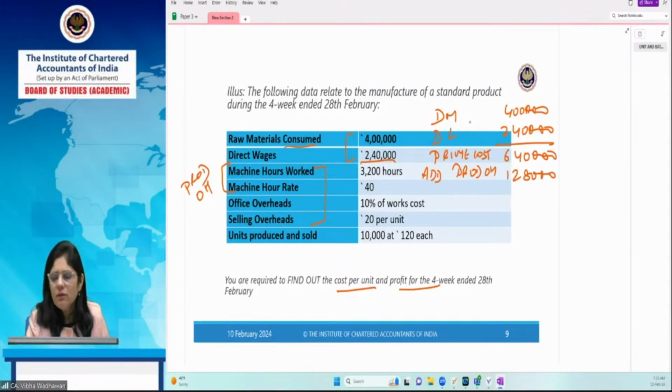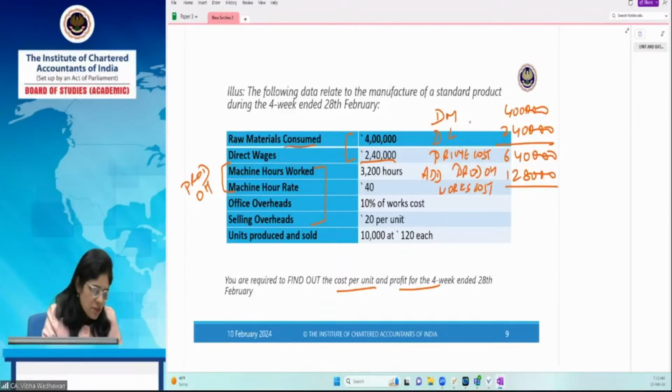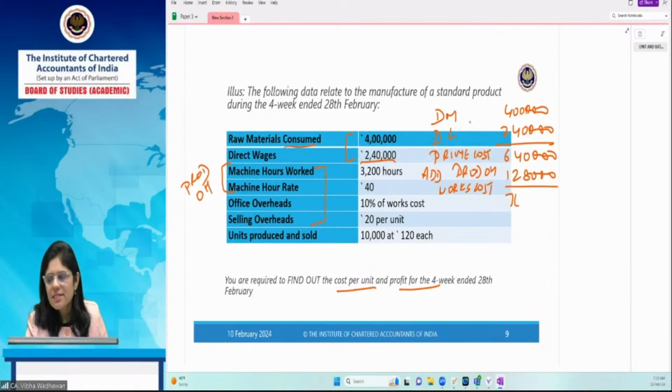So with 1,28,000 added to 6,40,000, we get the works cost. How much is works cost? 7,68,000 is the works cost. Works cost means it includes the production floor cost: direct cost plus production overheads. Clear? Then to the works cost, we add office administration overheads.